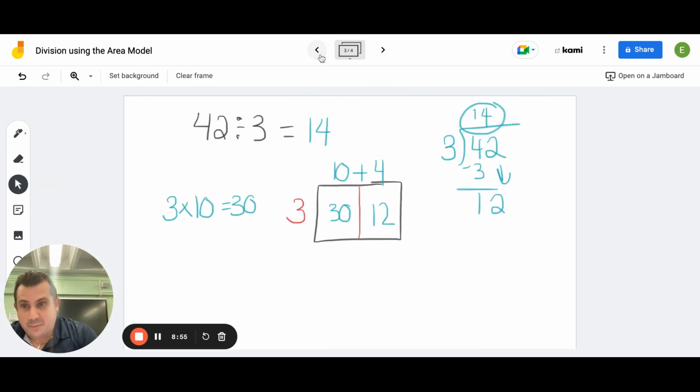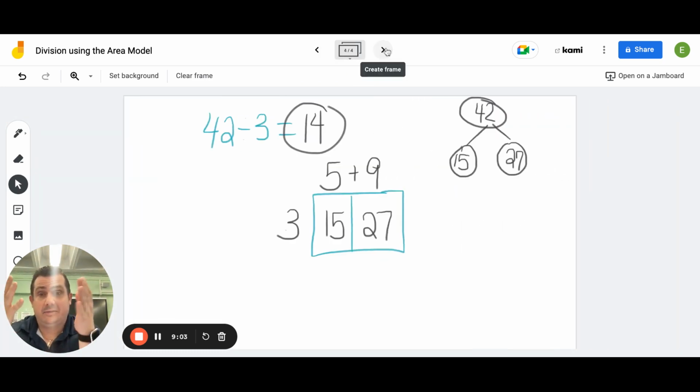We go back to the prior slide. Was my answer 14? My answer was still 14. So your goal here is to split up my larger dividend into 2 smaller dividends that are divisible by, in this case, 3.